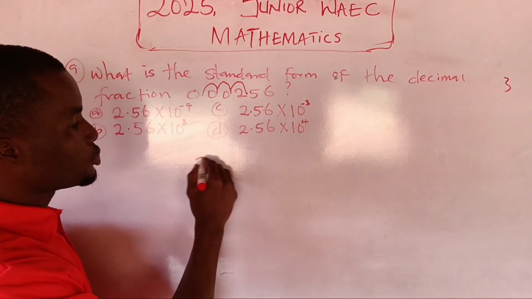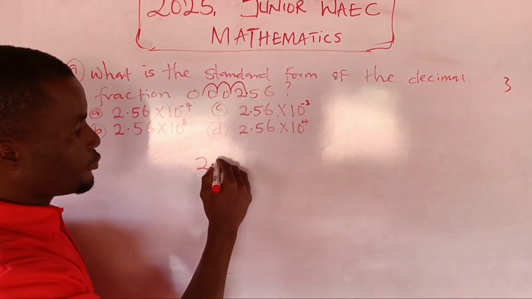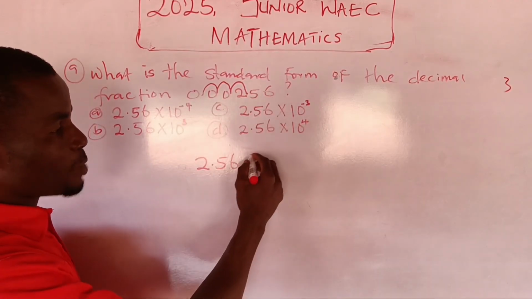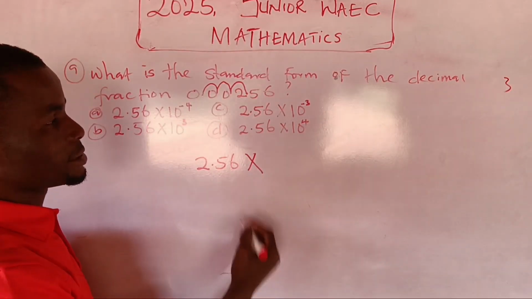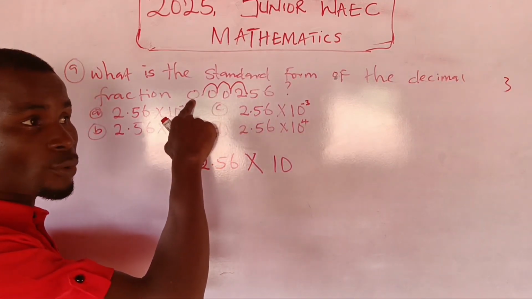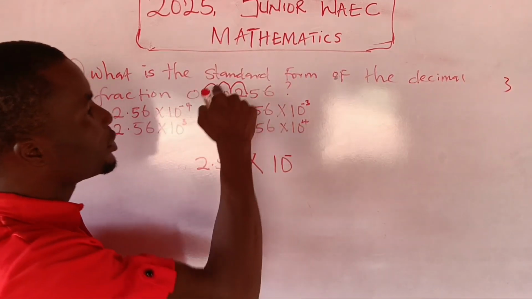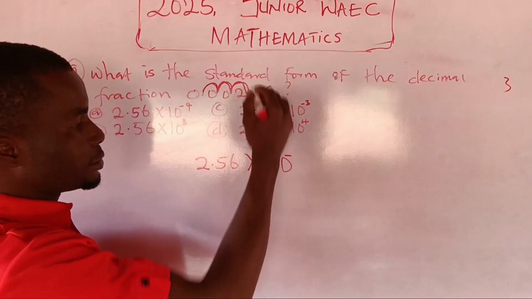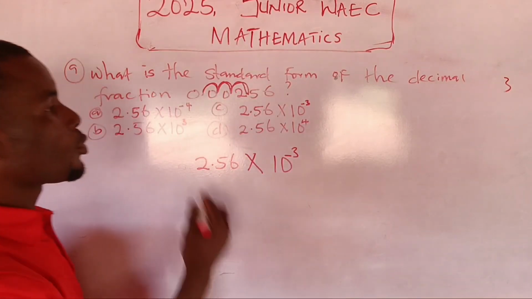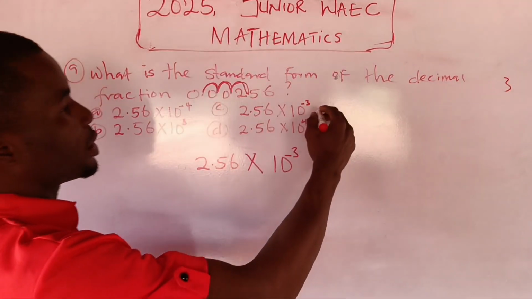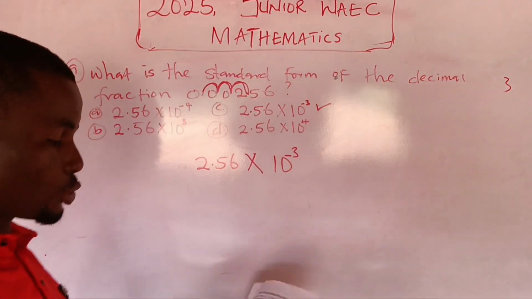So you write 2.56, times 10 raised to the power of, because it starts with 0, that means it will have a negative sign, 1, 2, 3. So check the options. Which one is correct? The correct answer is option C.